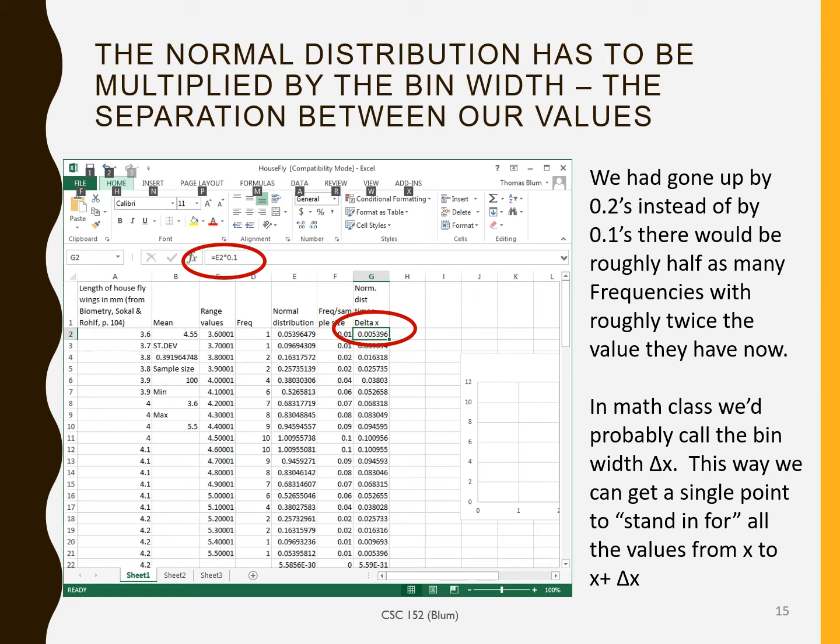So that's where this bin width plays its role, and the way we're dealing with it in the normal distribution is to take the point and multiply it by the bin width. So take the values in E and multiply them by our bin width, which was 0.01.